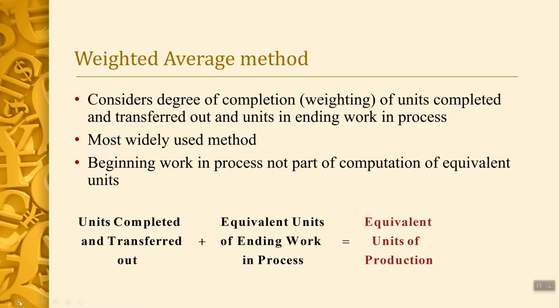The basic equation to compute the equivalent unit of production is units completed and transferred out, either from the machine department to the assembly department, or transferred out to finished goods, plus equivalent units of ending work in process. That gives you the equivalent units of production.